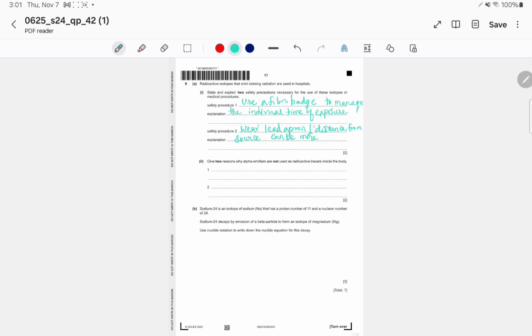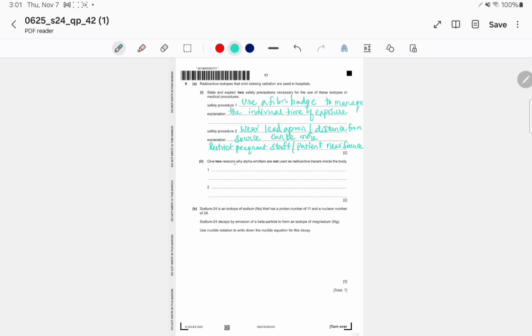Third, restrict pregnant staff or patients near the isotope source. So these are some things we have to follow, safety precautions.